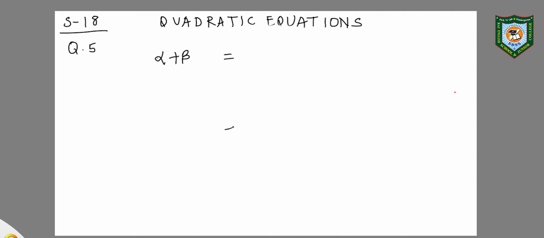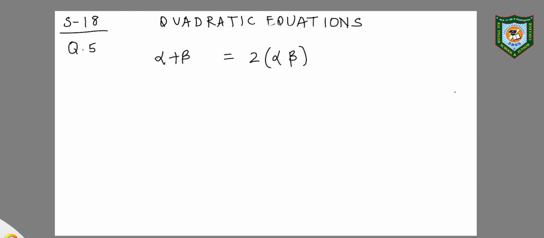Alpha plus beta is equal to, and here on this side I have alpha beta, and there is some relation between these two terms. Now the question states the sum of the roots of a quadratic equation is double their product. That means 2 times the product. So the value of 2 is going to be on the right hand side along with the product of the roots.